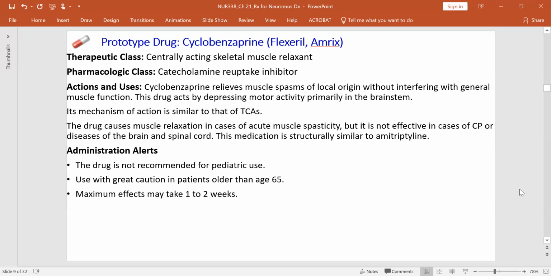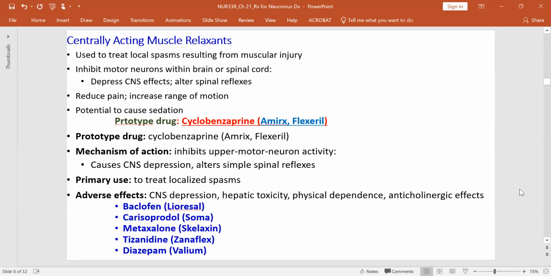Baclofen, Lioresal: the usual adult dosage is 5 milligrams 3 times a day, with a max of 80 milligrams daily. Carisoprodol, which is Soma, orally 250 up to 350 milligrams 3 times a day.